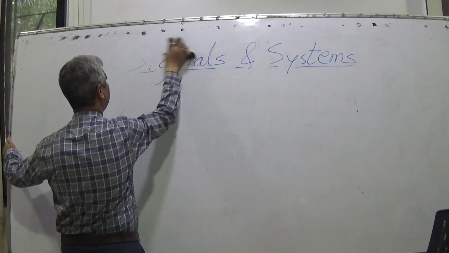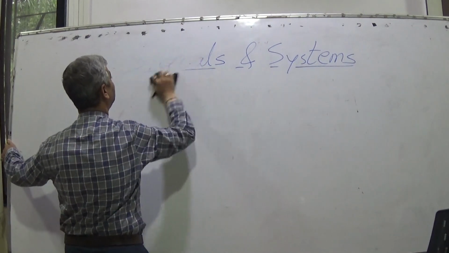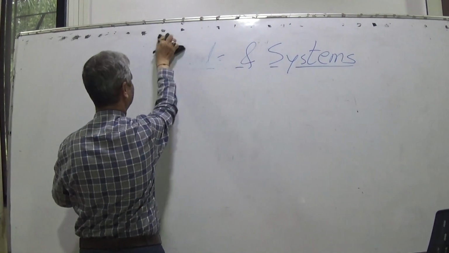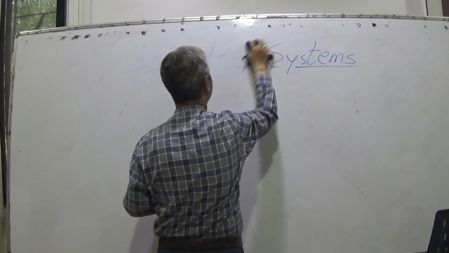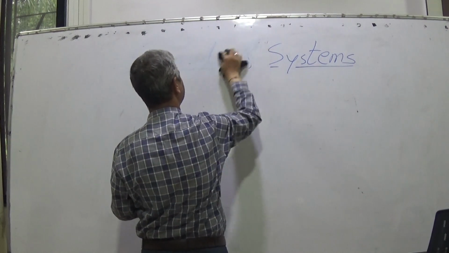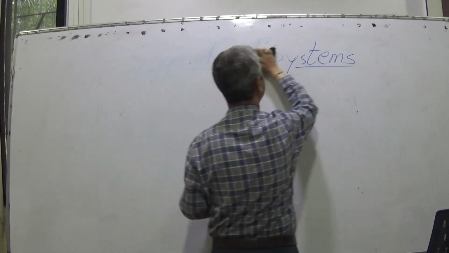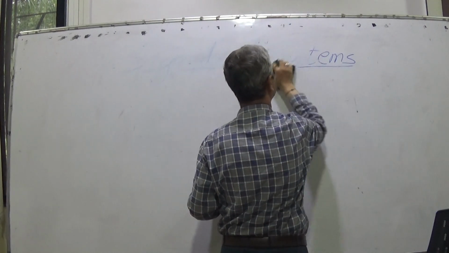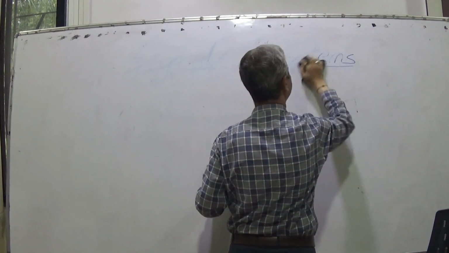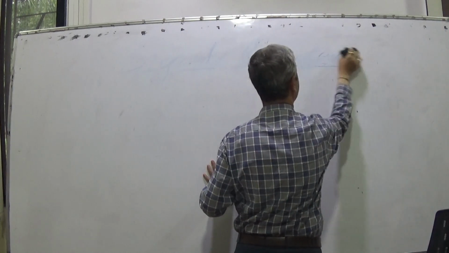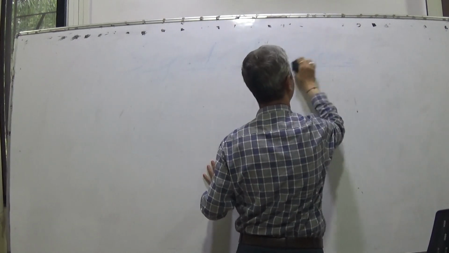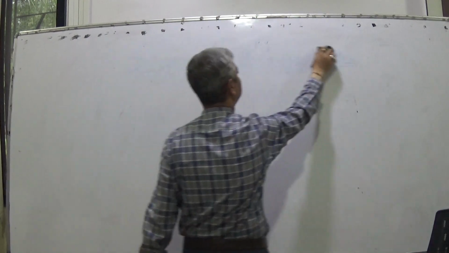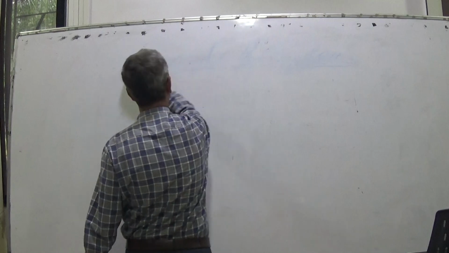From that point of view, instead of defining directly the system or signal in some classical terms, I think we will take an example, and after taking an example you will understand what exactly we mean by signal, what exactly we mean by system, and so on.